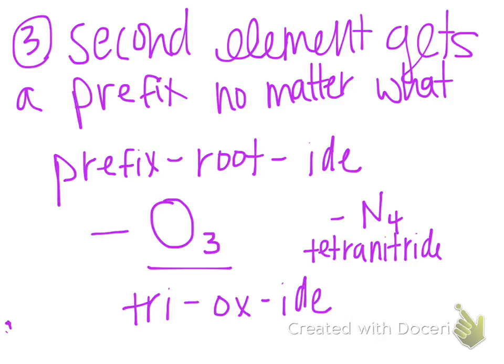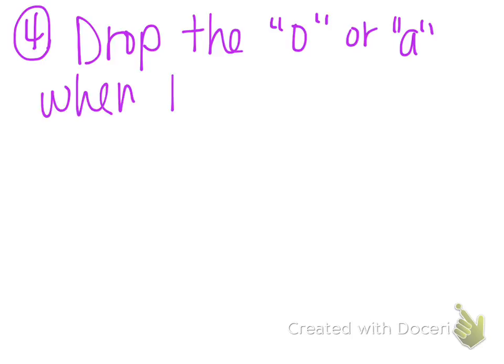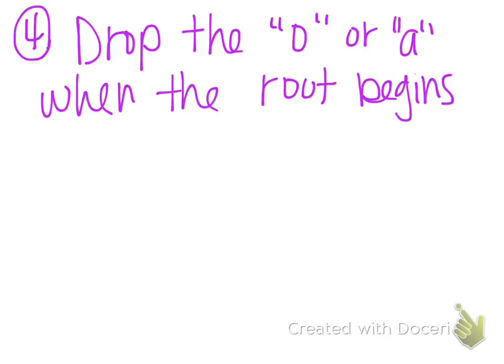And our last rule is really just kind of a spelling rule. Our last rule says drop the O or A when the root begins with a vowel.